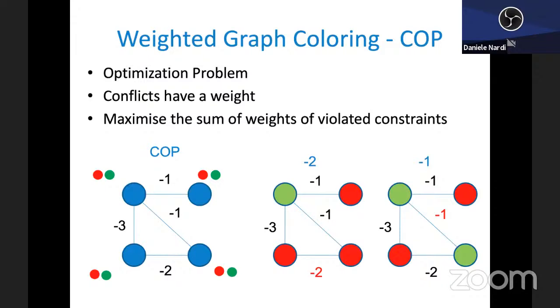So you see that in the 2 solutions that are provided on the right, there is one constraint that is not satisfied, but this constraint has a cost -2, and therefore that solution is less preferable than the one where the 2 greens conflict, because the conflict between the 2 greens is only -1 instead of -2.